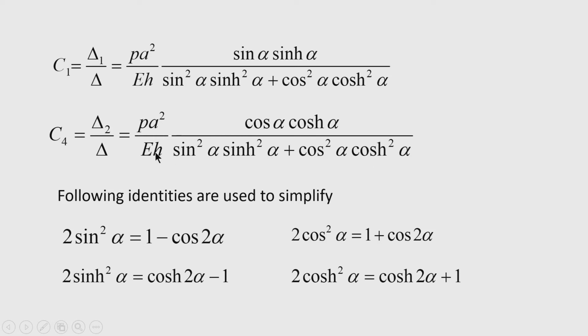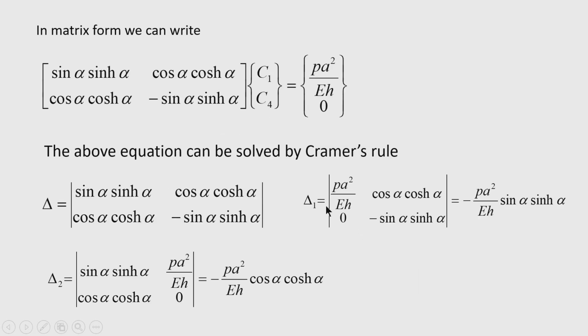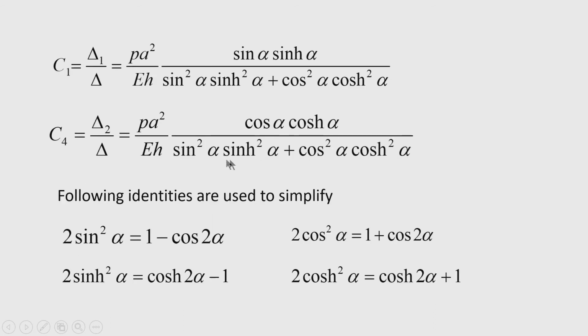Okay. So, the numerator term that you are seeing is directly coming from the expansion of determinant with delta 1 and delta 2, whereas the denominator will contain the expanded form of the determinant delta. Okay. So, the denominator that you are seeing here, sin square alpha sin hyperbolic square alpha plus cos square alpha cos hyperbolic square alpha, is nothing but the expansion of the determinant formed by the coefficients of the 2 by 2 matrix equation. Okay.